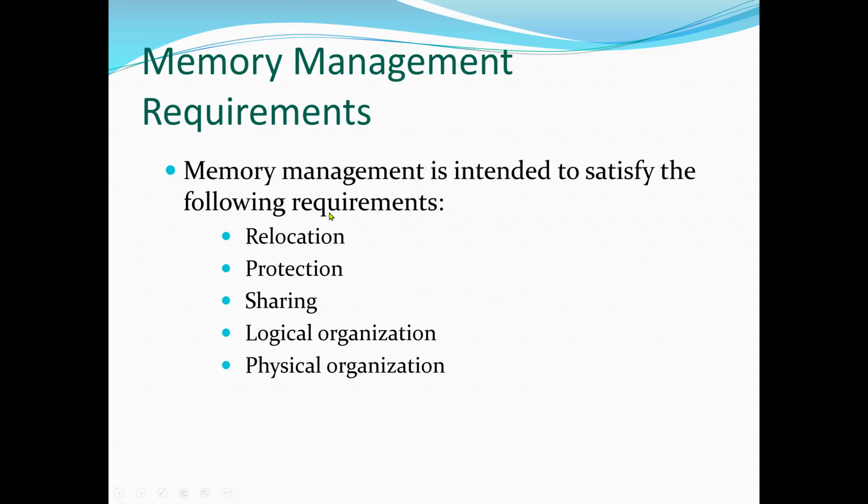In a uni-programming system, main memory is always divided into two parts. We have one part for the operating system, which is the kernel or the resident monitor, and the other part for the program currently being executed. In a multi-programming system, the user part of memory must be further subdivided to accommodate the multiple processes.